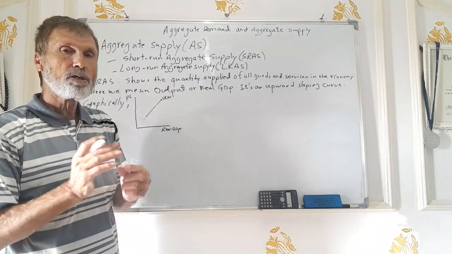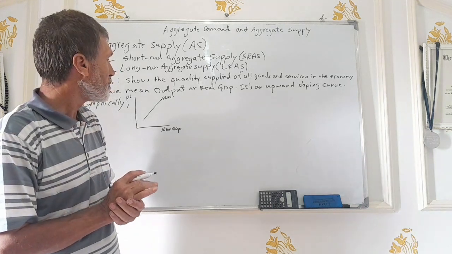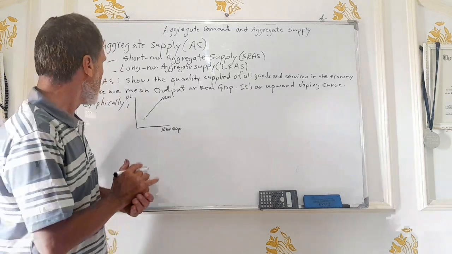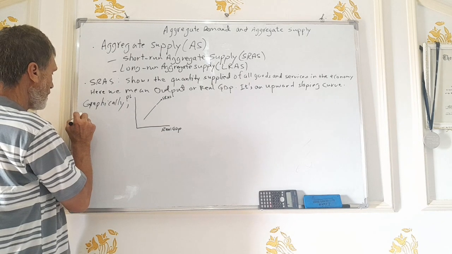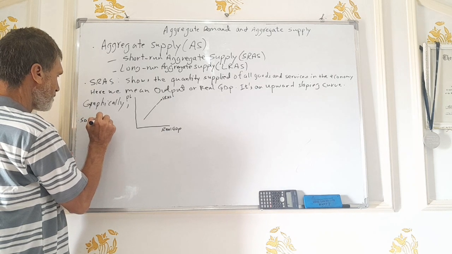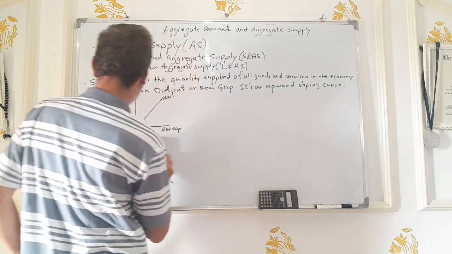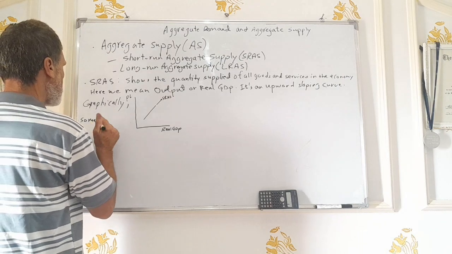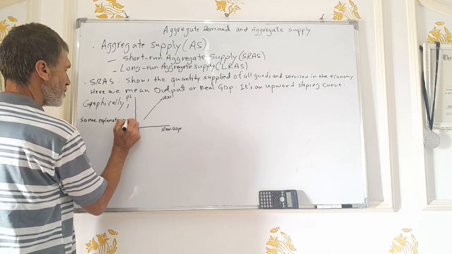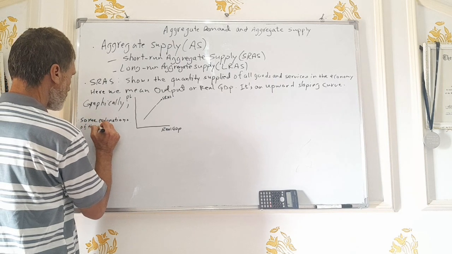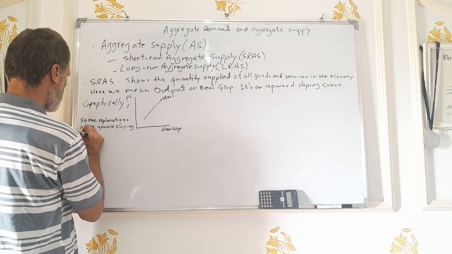Let's look at some of these explanations that economists have suggested for the upward sloping short-run aggregate supply.